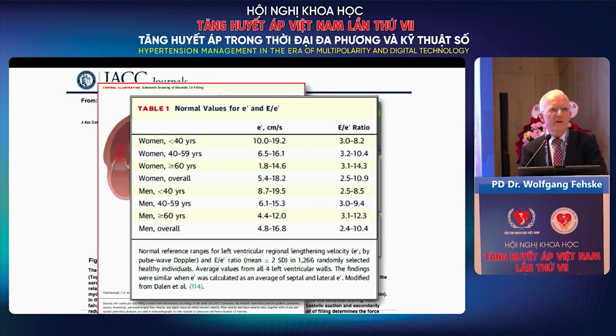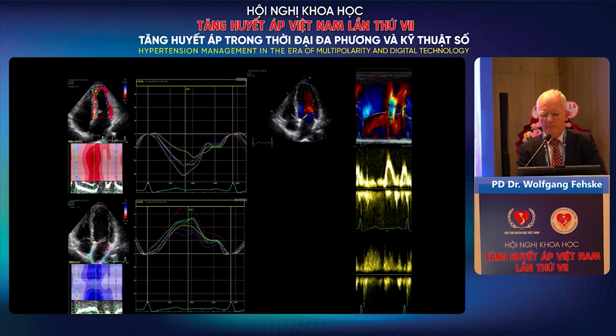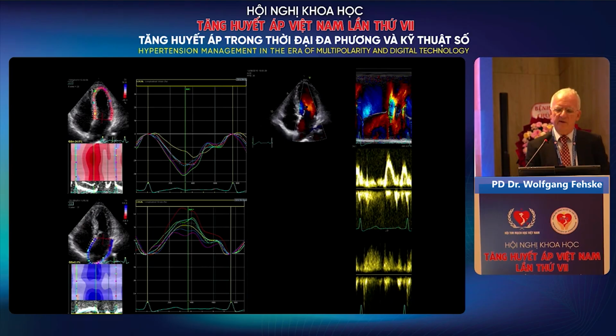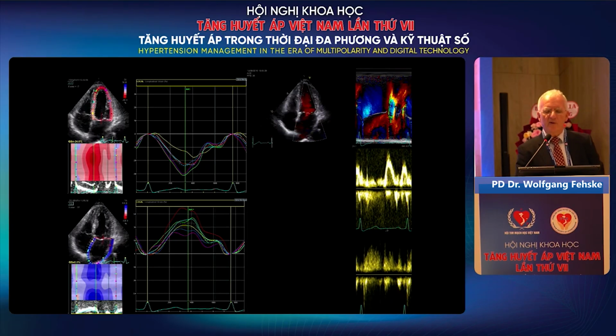But one thing which is really very important is that the E prime waves of the septum and the lateral wall are extremely changing with men and women and extremely changing with age. So there is no standard parameter, as I told you before, between 8 and 15 and more than 15. You cannot really believe that this is correct. My understanding, and the understanding of the world right now, is that you have a lot of parameters that you could look for in diastology.